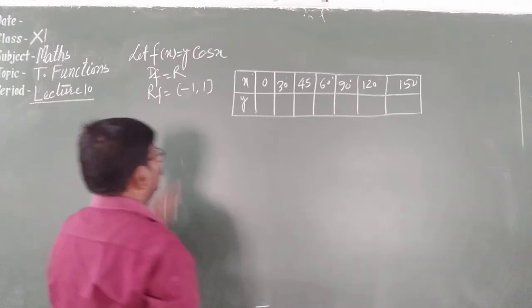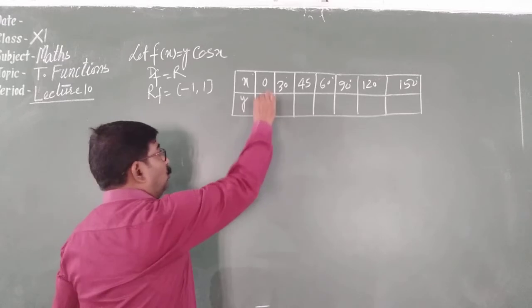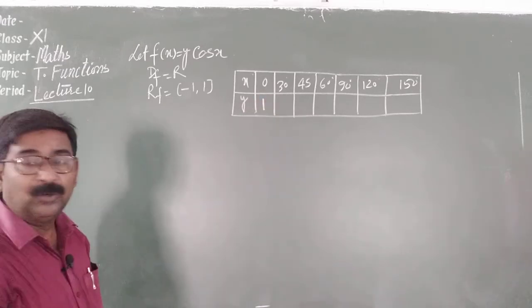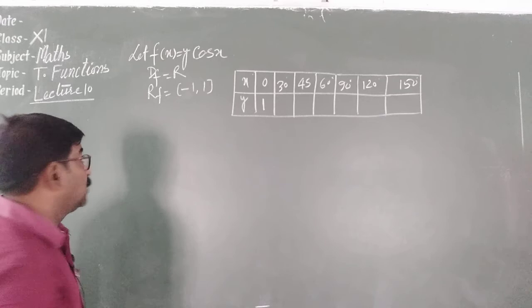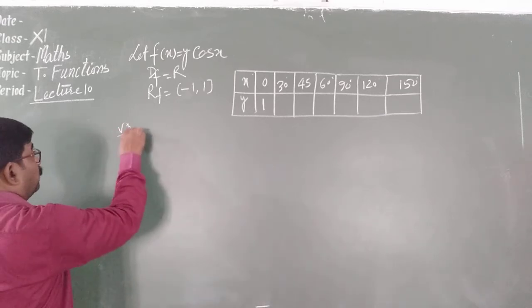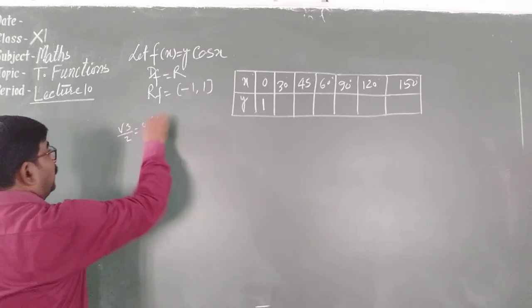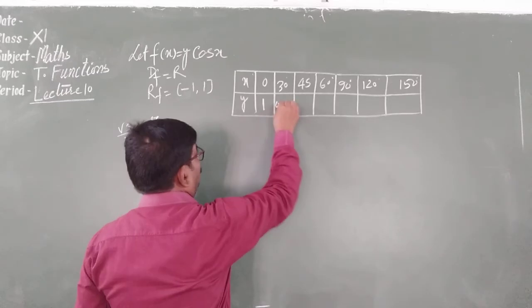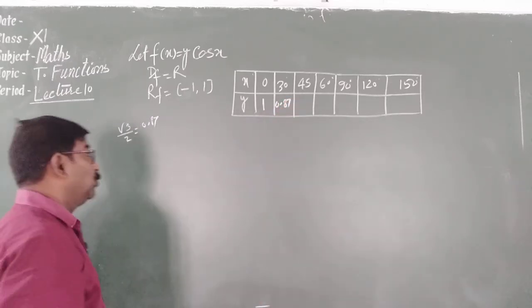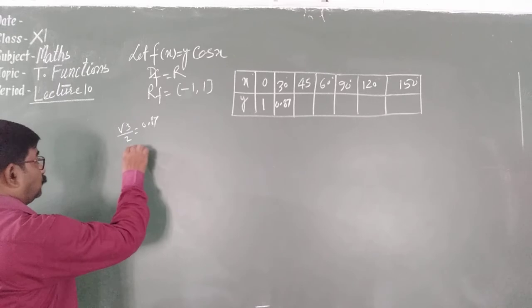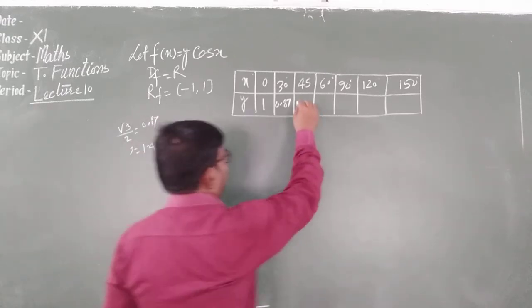So you know that cos 0 is equal to 1, the maximum value. Cos 30 is root 3 by 2, and its value, I think you remember, is 0.87. Cos 45 is 1 upon root 2, this is 0.76.